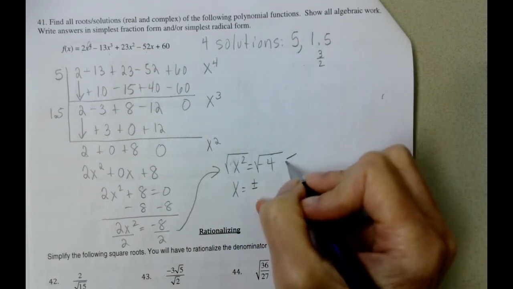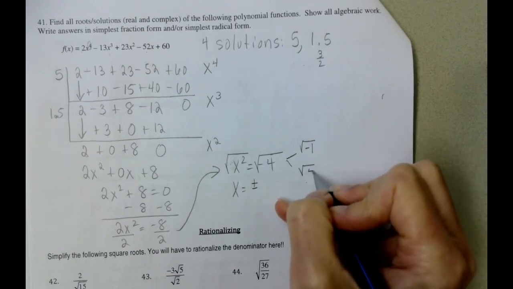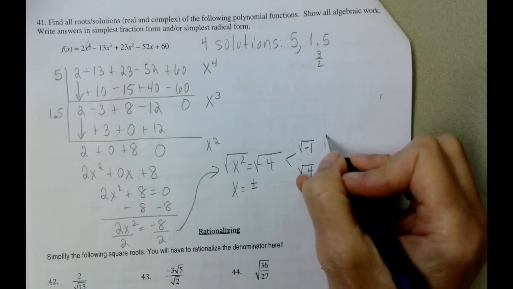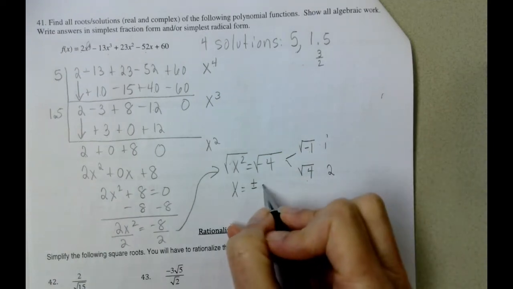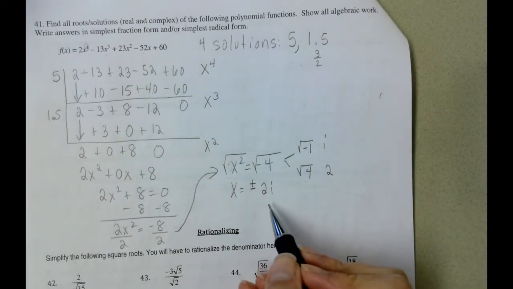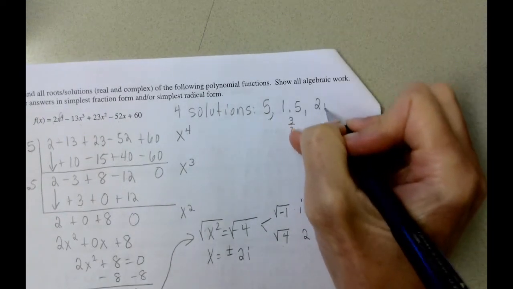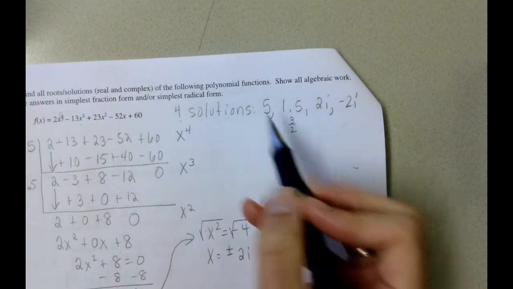When we take the square root of a negative number, square root of negative 1 is i, square root of 4 is 2, so this is going to be plus or minus 2i, which you may write your solution like that. If you prefer, write 2i and negative 2i, because we said 4 solutions, 1, 2, 3, 4, and there they are.